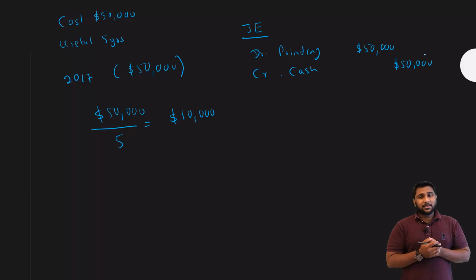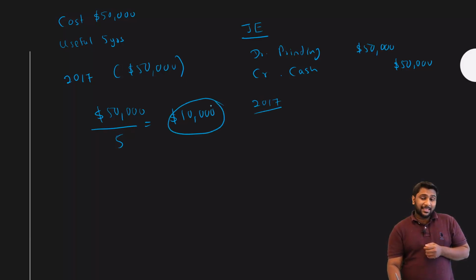Once you record this transaction, as I said, there is no entry for the expenses. When are we going to recognize this printing machine's cost for our income statement? For the year 2017, I will recognize an expense of 10,000 US dollars for my income statement.